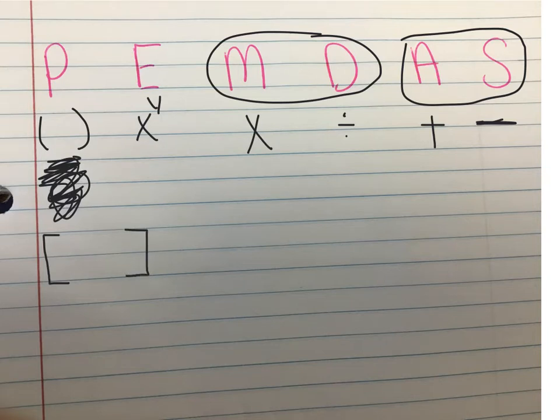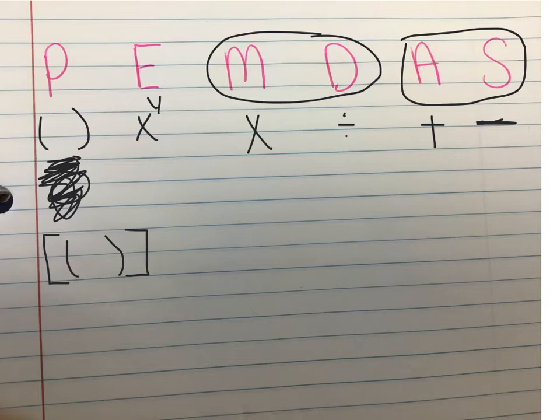They're called brackets. If I already have a set of parentheses, they're another way to show, hey, these things have to be done first. Parentheses always have to be done first. Whatever is in those parentheses, no matter what kind of math, you have to do first.